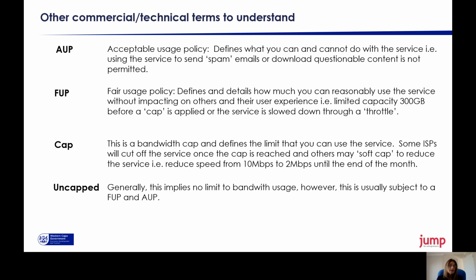Some more terms, an AUP, an acceptable usage policy. So that will typically define what you can and cannot do with the service. So some providers will say they're not going to permit any spam emails to be sent, or they're going to restrict that in terms of your service, or downloading questionable content and that kind of thing.